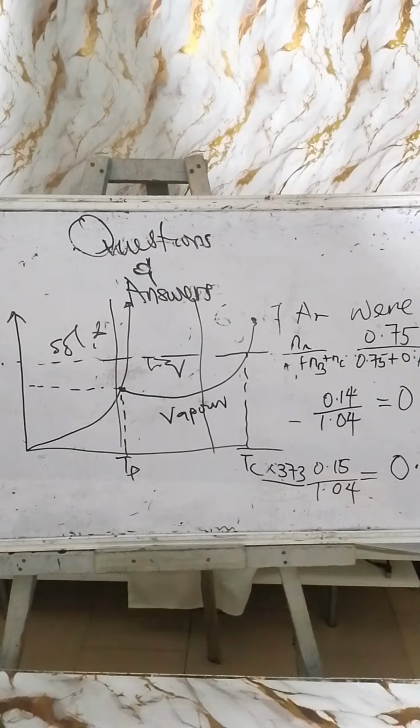When a non-volatile solute is added to a solution, the freezing point decreases. Are you seeing it? With what? Delta Tf equals minus Kf m.